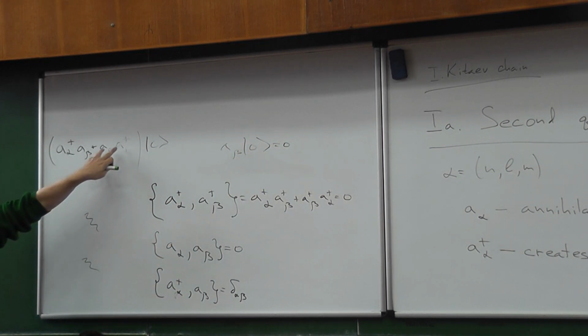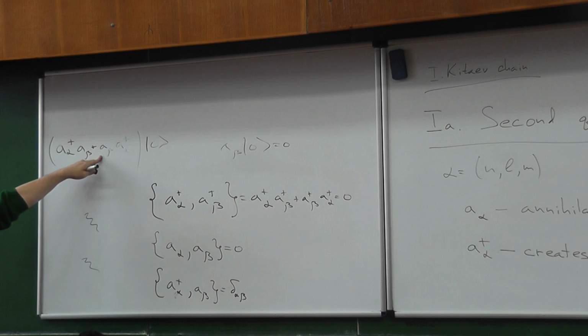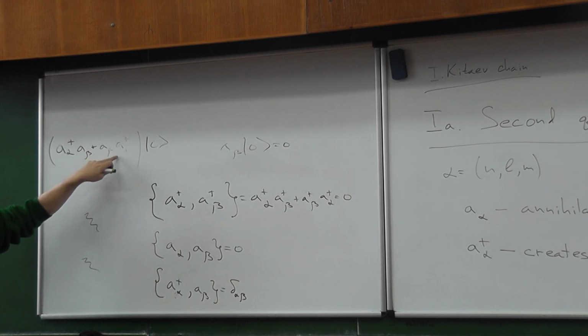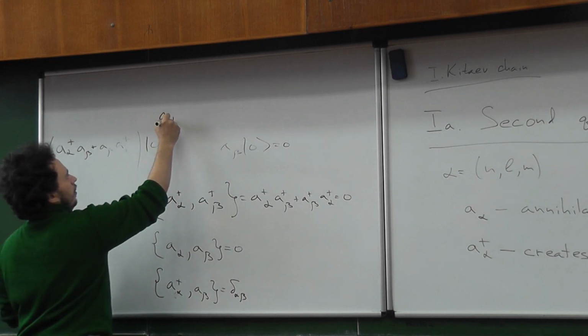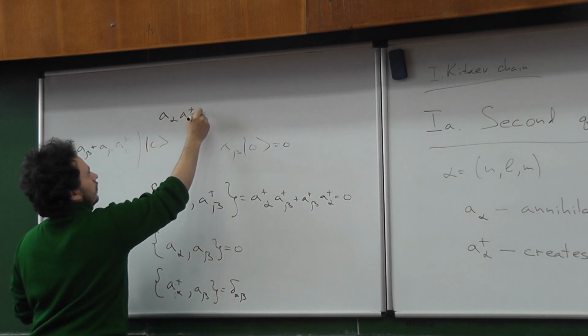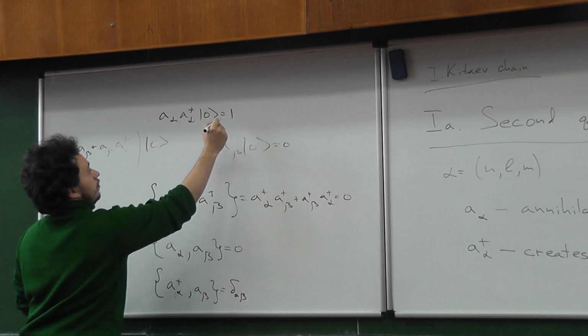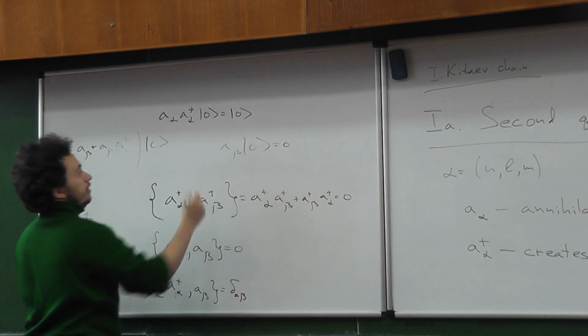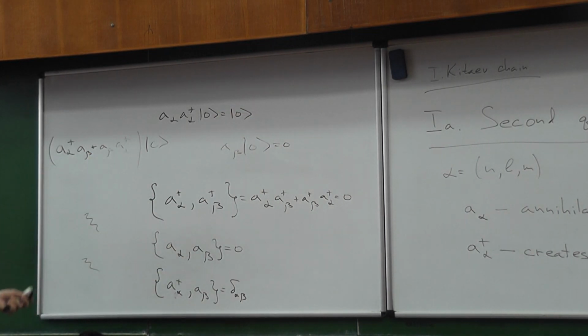And this one, I'm creating an electron in state alpha. Then if I'm trying to annihilate an electron in state beta, which is a different state, there is no electron there, I will get 0 again. And if I put an electron, and then I annihilate the electron in the same state, I put an electron, I removed an electron.